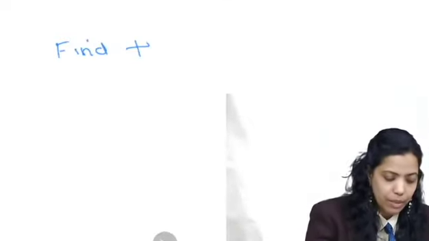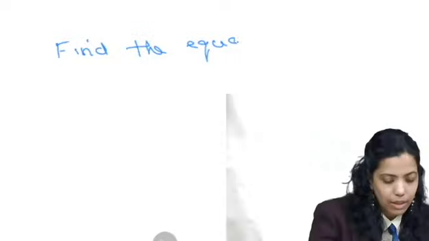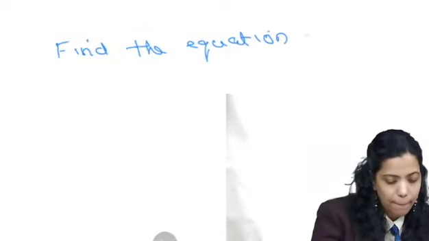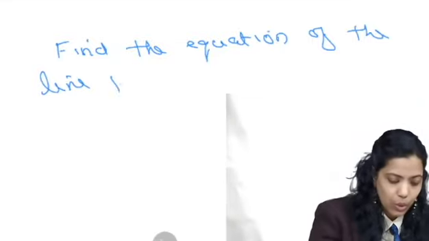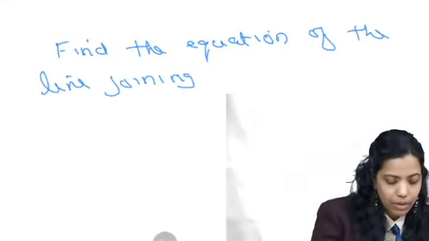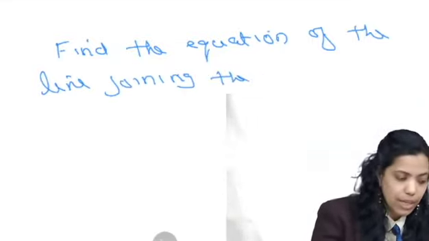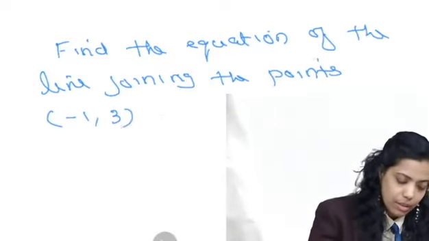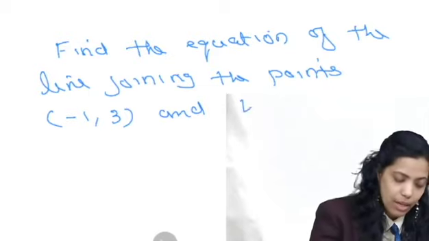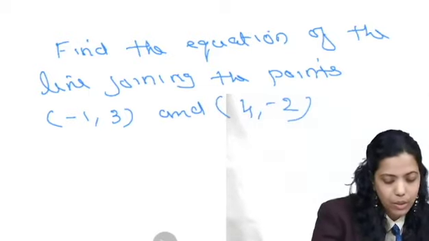Let's move on to the example. Find the equation of the line joining the points -1, 3 and 4, -2.